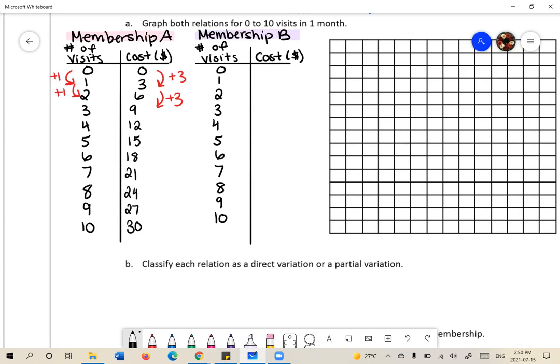So my slope here is 3. I know this because slope is equal to change in y over change in x. My y is changing by 3 while my x is changing by 1. 3 over 1 is 3. Converting my slope into a rate of change, membership A is $3 per visit.